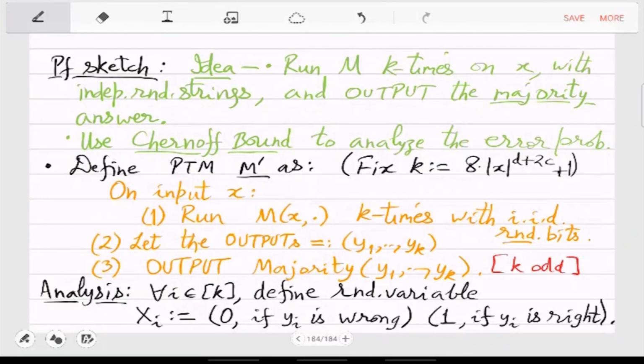We claim that it's actually not very important as long as the success is more than half by an inverse polynomial, and error is less than half by an inverse polynomial. So, half plus 1 by n to the c.